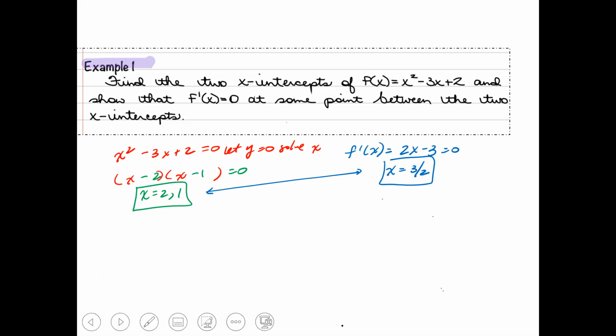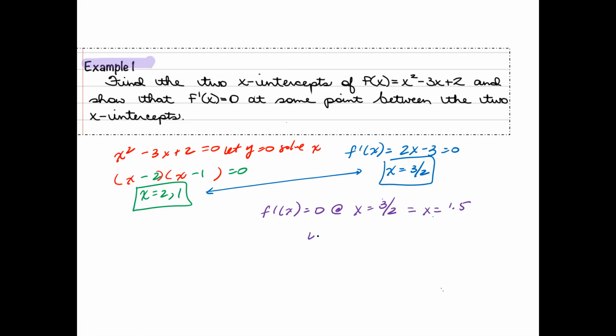So what it's saying is that f prime of x is going to be 0 at x equals 3 over 2, which is the same thing as 1.5, which also lies between 1 and 2. So it does include that point between the two x-intercepts.